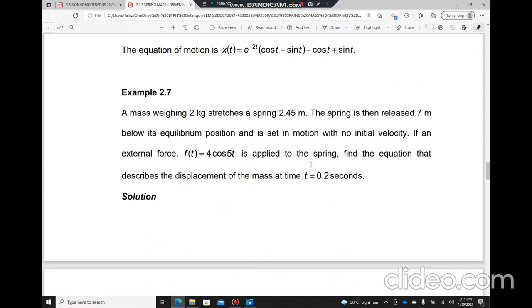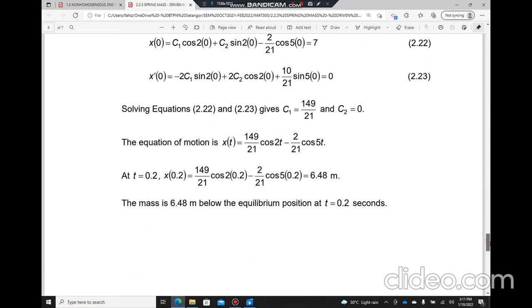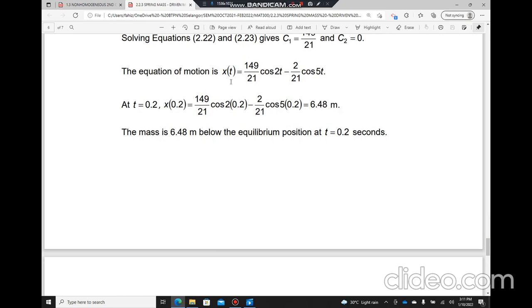Here it says find the equation that describes the displacement of the mass at time t equals 0.2. So the step is, once you have the last equation, the equation of motion, you just substitute, because it wants t equals 0.2. Substitute 0.2 into the value of t in the equation of motion.